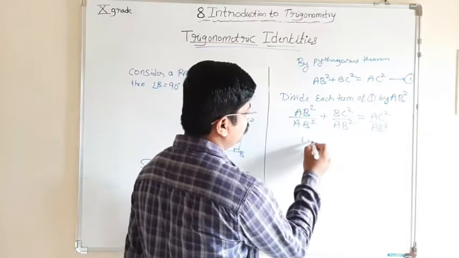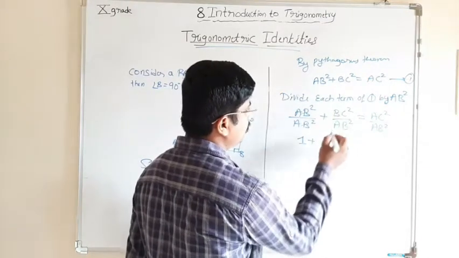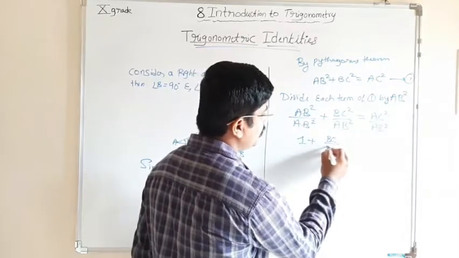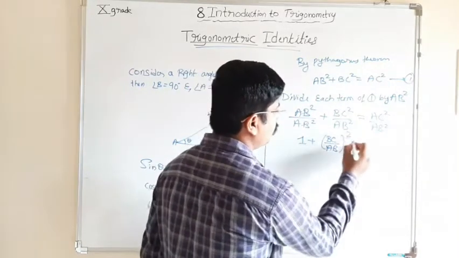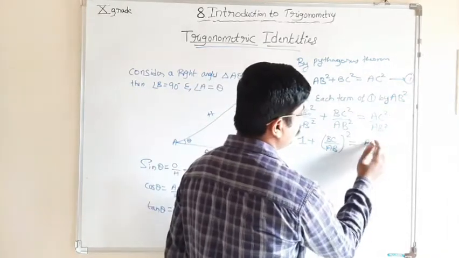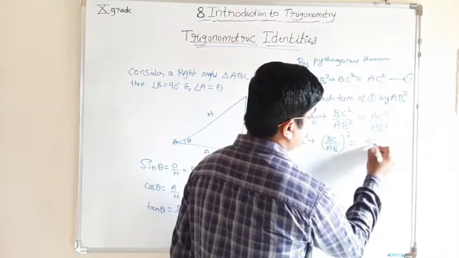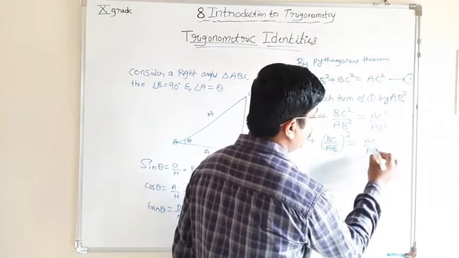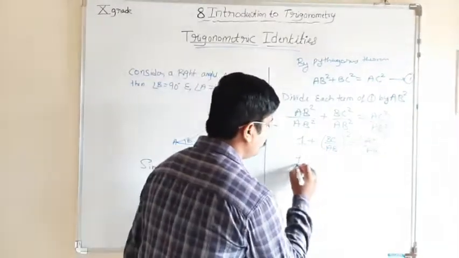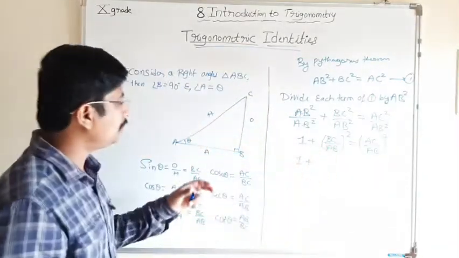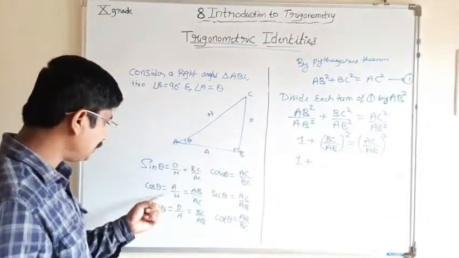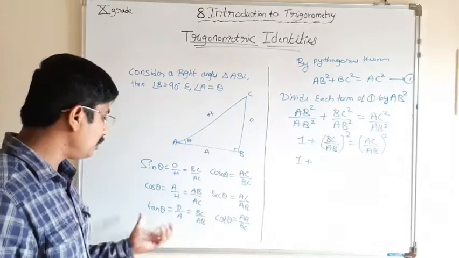We are left with 1, plus BC square divided by AB square may be written as (BC divided by AB) whole square, which is equals to AC square divided by AB square may be written as (AC divided by AB) whole square. Yes, 1 plus BC divided by AB, opposite side divided by adjacent side, which is nothing but what? BC divided by AB is nothing but what?